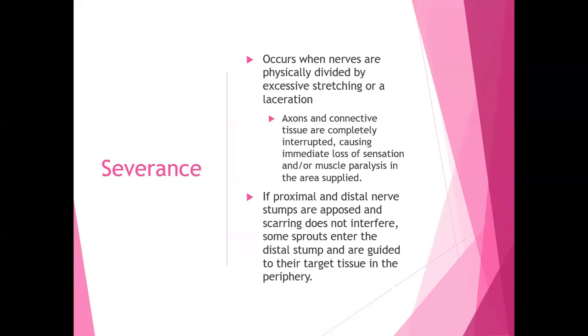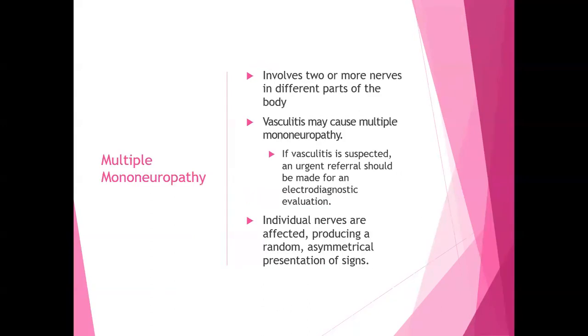So you can get recovery, and if the stumps are really close to each other, you get faster recovery because you don't have as far to grow, but it still takes time to recover from that.